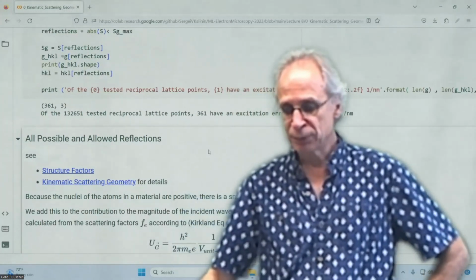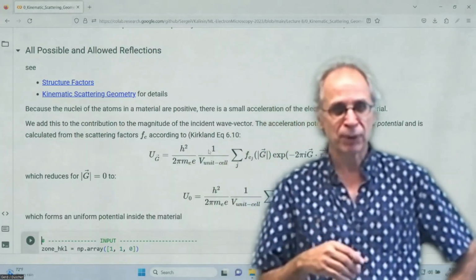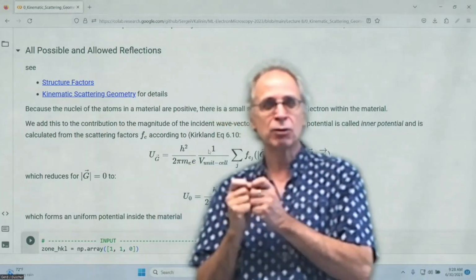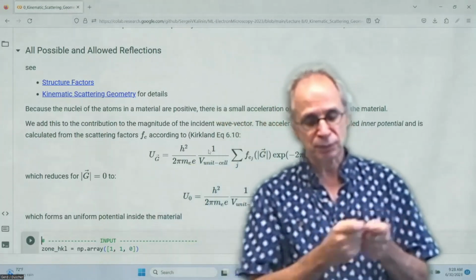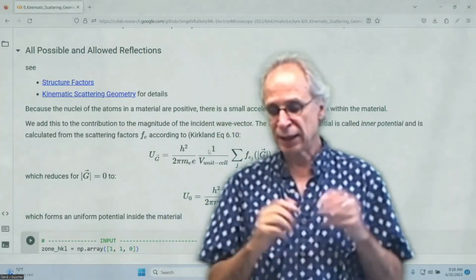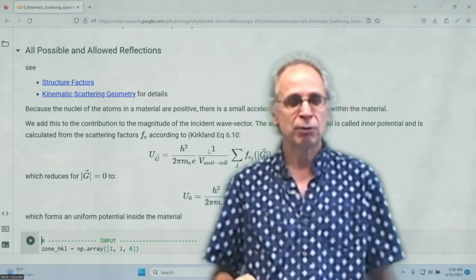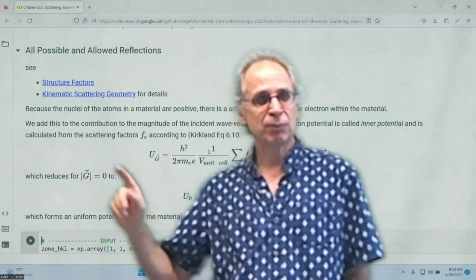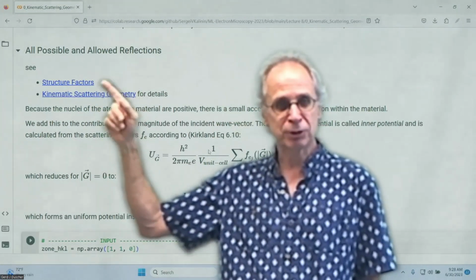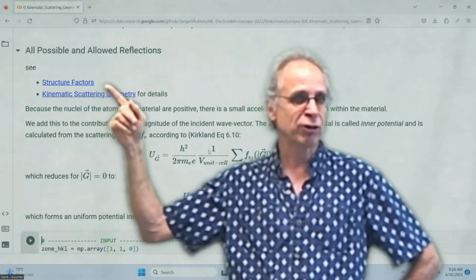Okay, so now we also have to put something in that is called the structure factor. That is whether we interfere at this lattice point constructively or destructively, plus our internal potential. Talking about structure factors here would not really get us somewhere, but you can just calculate them.